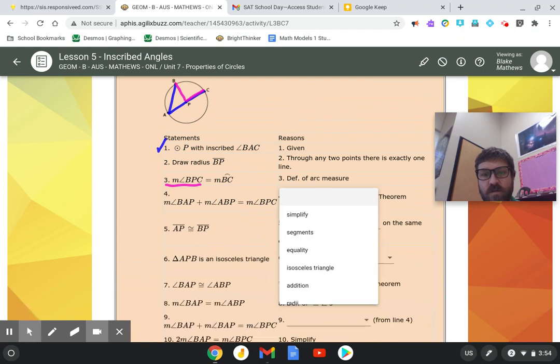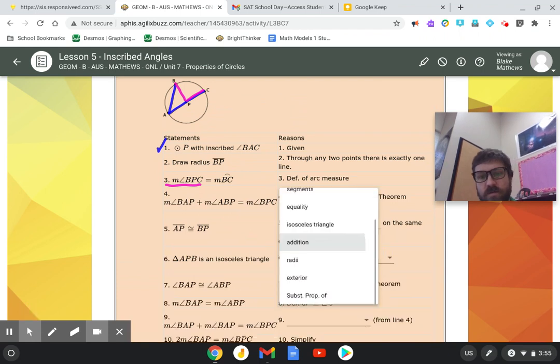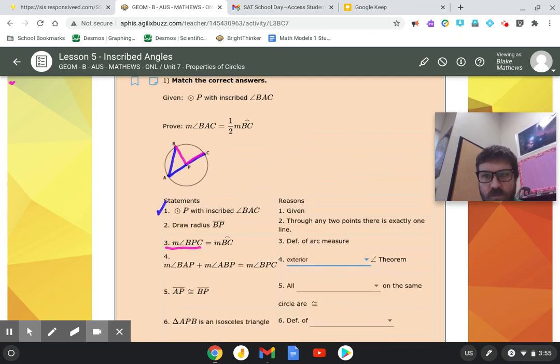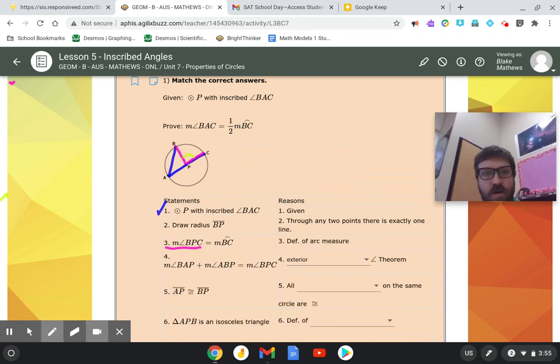No. Equality, isosceles triangle, addition. Isosceles, no, I'm sorry about that. It's going to be the exterior angle theorem, because we know from back with triangles, and this is coming from the first half of geometry, that in triangles, if I have what we call an exterior angle, then if I add up this angle and this angle, they add up to that exterior angle. So that's coming from the exterior angle theorem.